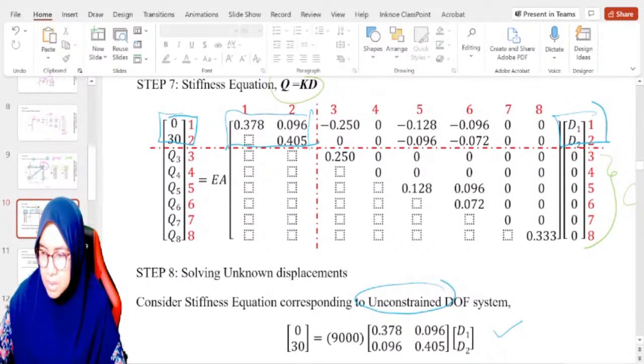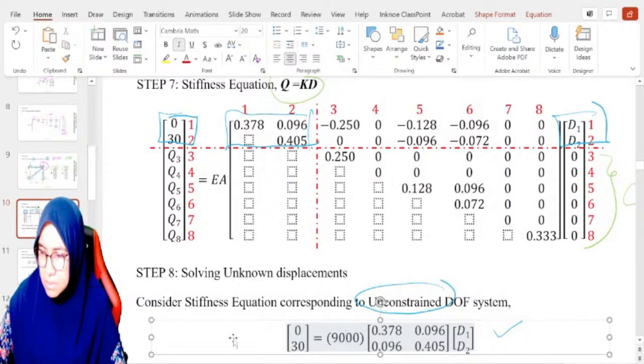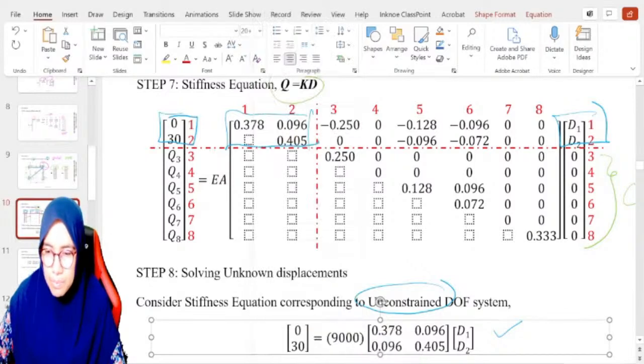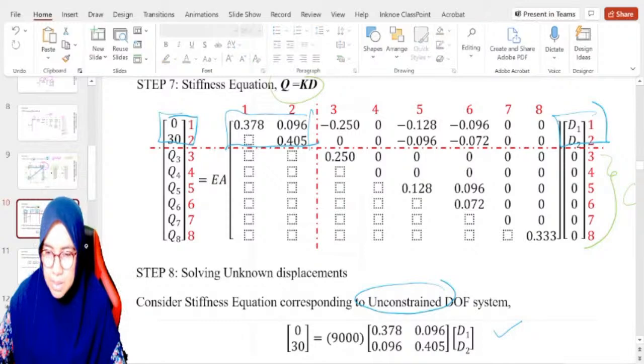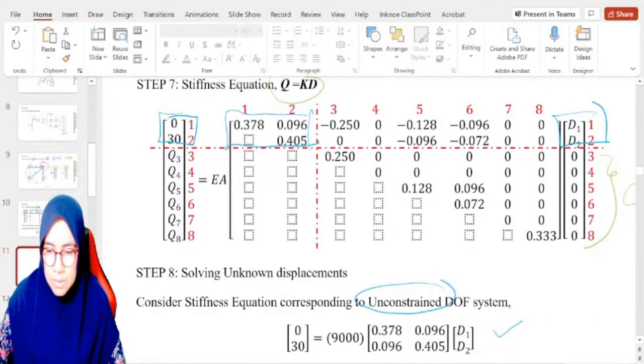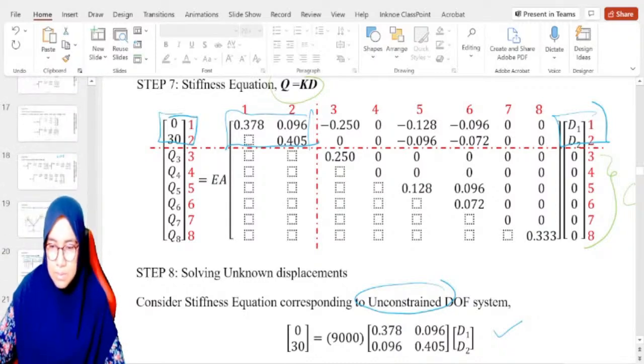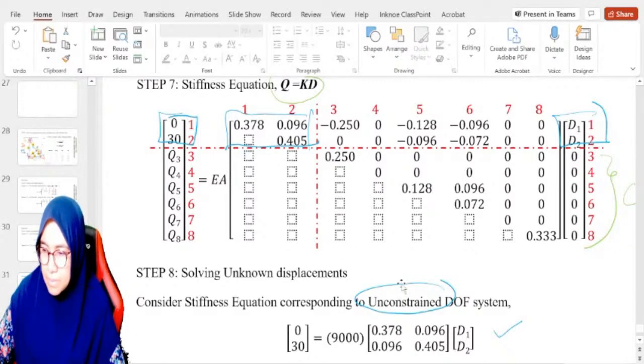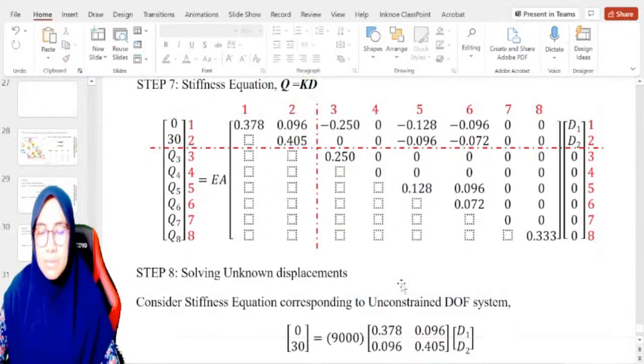Okay, doesn't matter. I will copy the whole thing, duplicate.